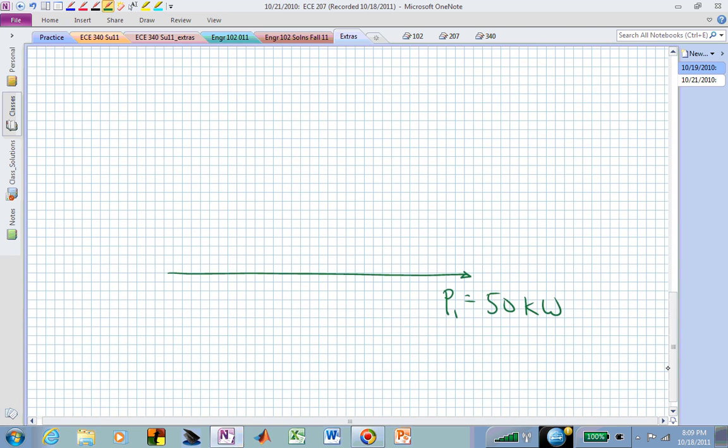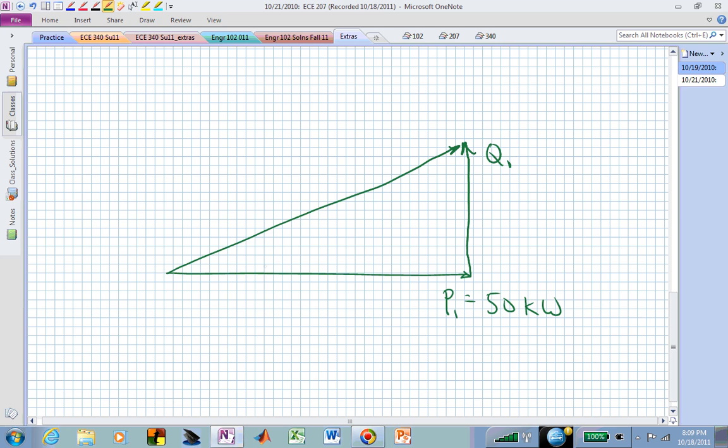That means that we are actually having an angle, and we'll just derive that in a minute, but for now we have an angle that's positive, or we have an inductive load, and we have some Q1, but we're not given that information explicitly.